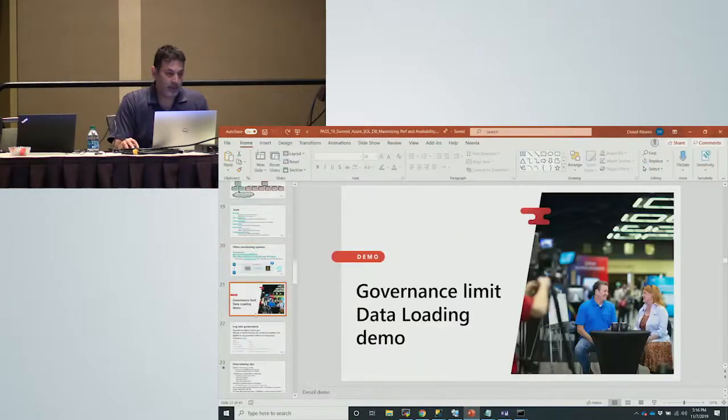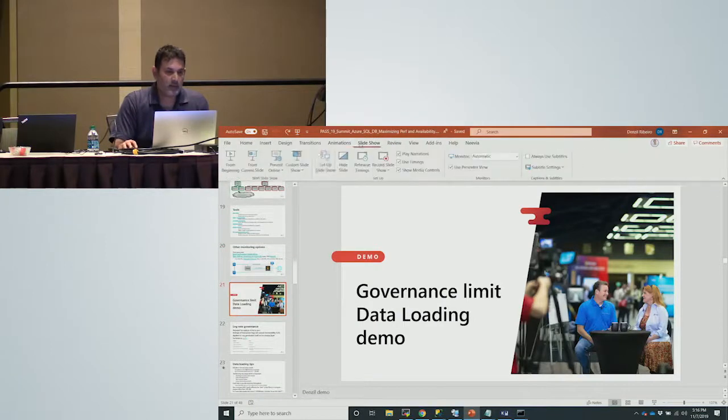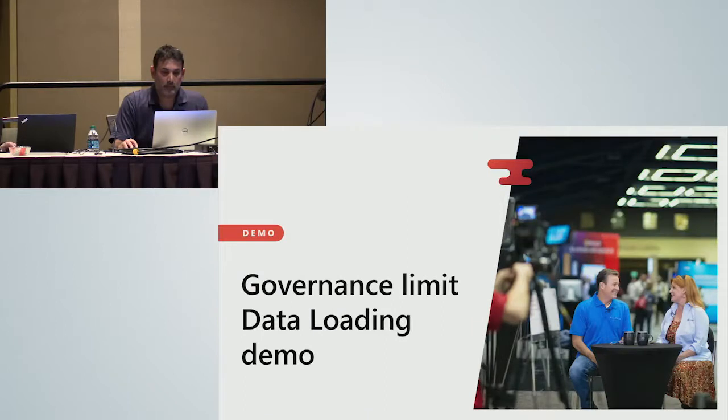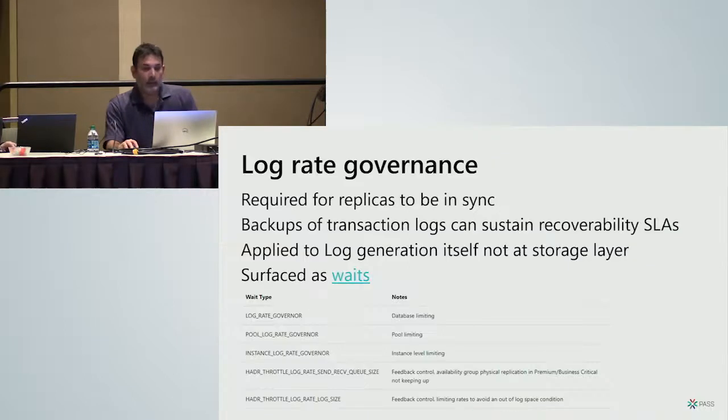So I am just going to actually show from the console. For log rate governance, there are a couple of waits. One is log rate governor, but you also have a few others when you have HADR replicas which are behind.